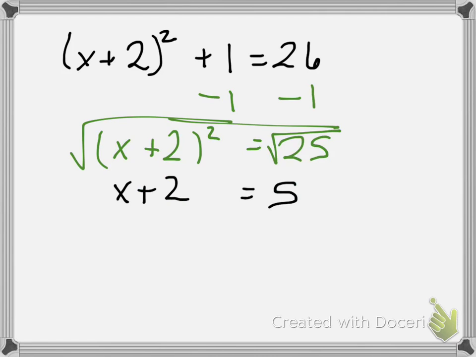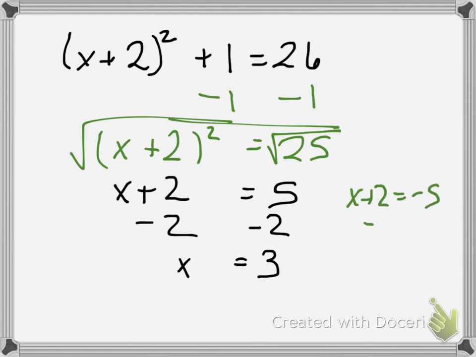And then I just subtracted 2 to get what x was. Is that the only x? No, I got another one too. How'd you get the other one? So when I got to x plus 2 equals 5, I just made it a negative 5 and then solved it the same way and got negative 7.